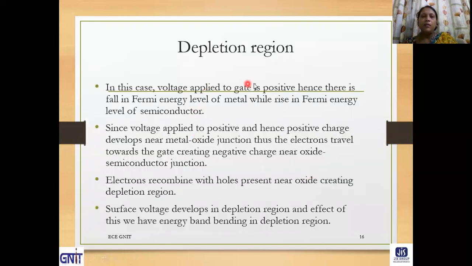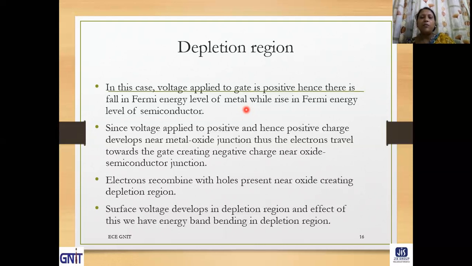Similarly, for depletion region, in this case, voltage applied to gate is positive, hence there is fall in Fermi energy level of metal while rise in Fermi energy level in semiconductor. Since voltage applied is positive, positive charge develops near metal oxide junction, thus the electrons travel towards the gate creating negative charge near oxide semiconductor junction.